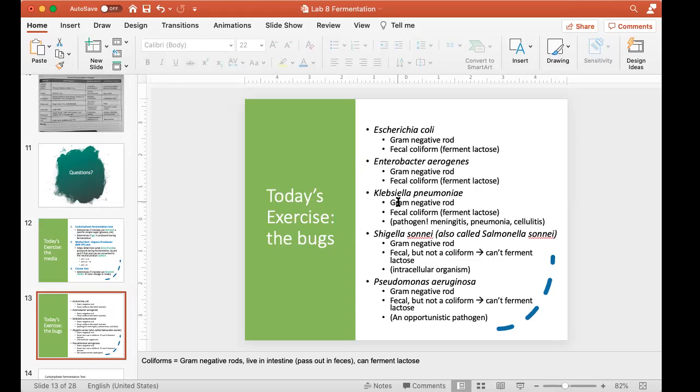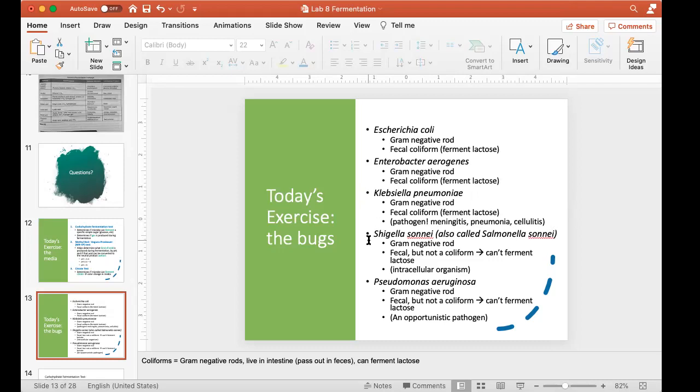The difference is that Klebsiella pneumoniae, when it's pathogenic, doesn't only cause disease in the intestine. In fact, it's well known as causing pneumonia, hence the name, meningitis, and also cellulitis, an inflammatory infection in the skin. So when it's pathogenic, it's a bad bacterium to have to deal with. It causes some very serious diseases.